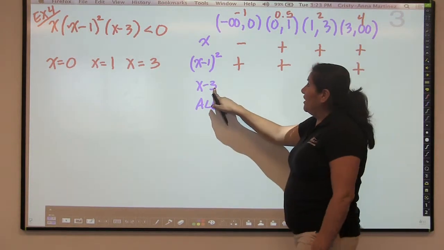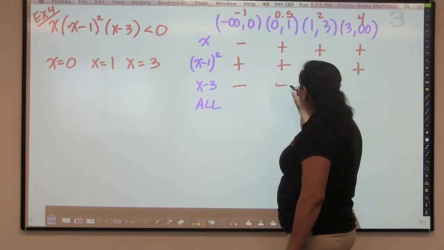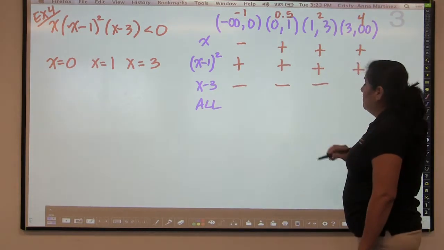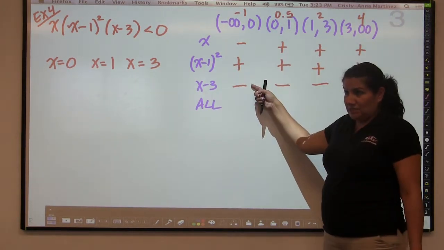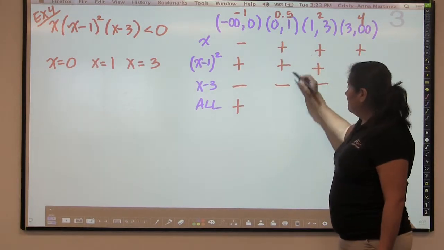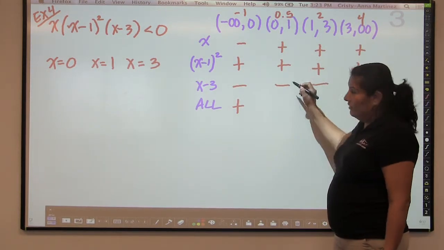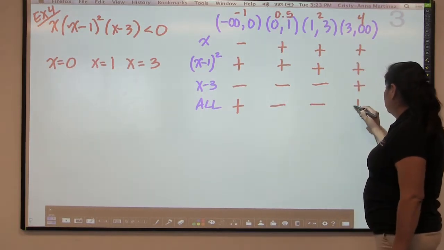And then here's the one with the check. -1 minus 3 is definitely negative. 0.5 minus 3 is negative. 2 minus 3 is negative. 4 minus 3 is positive. And then we've got 2 negatives here, which are positive, and that positive, so positive. This dumb negative right here is going to throw everything off, making this negative. He's going to throw this off, making that negative, and that's positive.